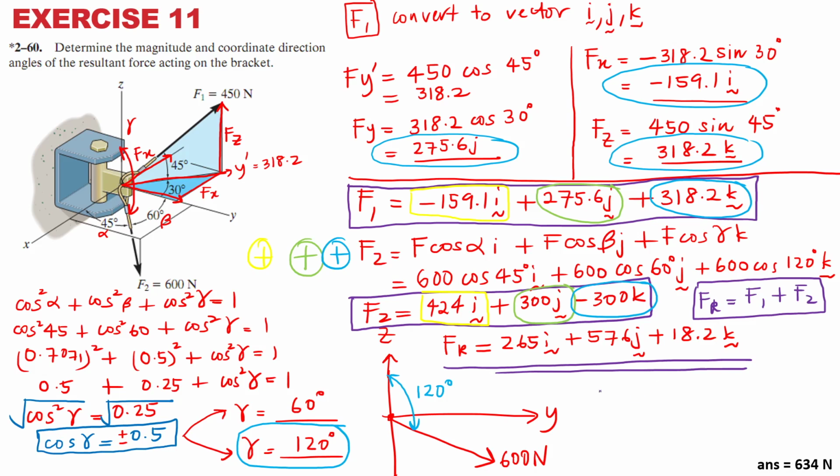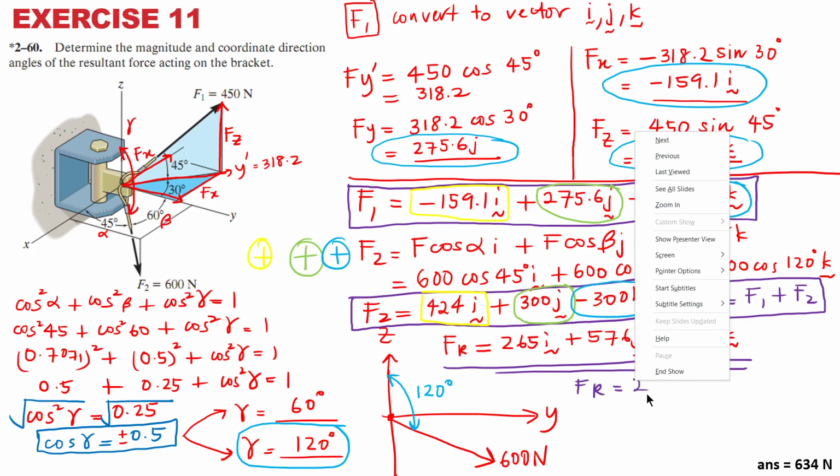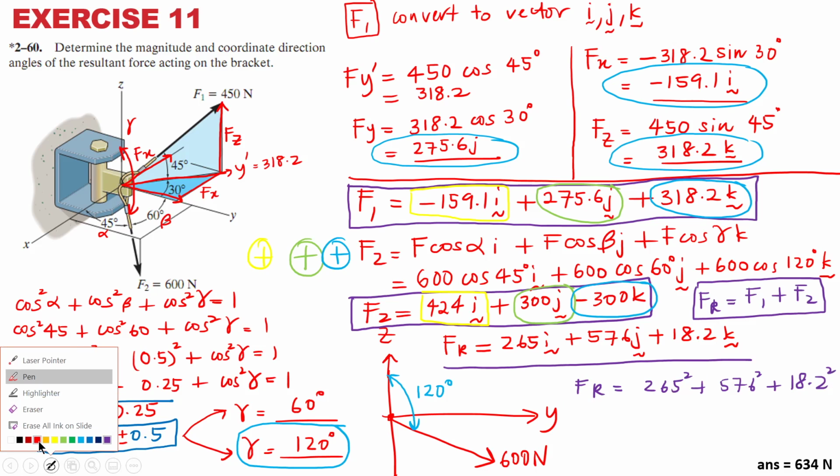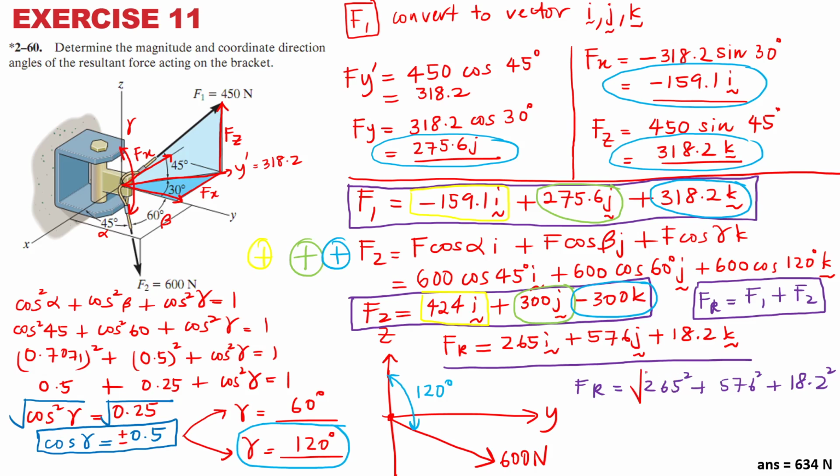Again, we got to check the resultant. Fr is equivalent to, what is the value? Square root of 265 squared plus 576 squared plus 18.2 squared, and remember always to square root.